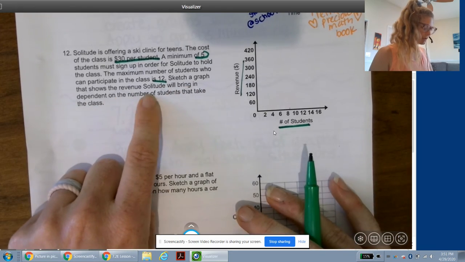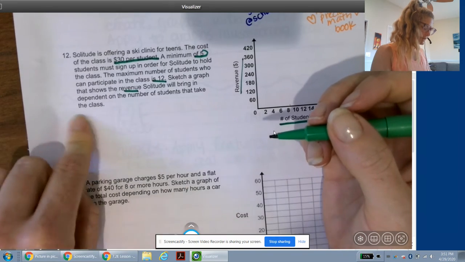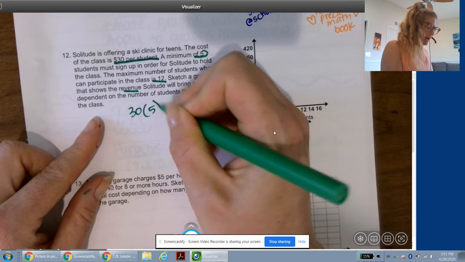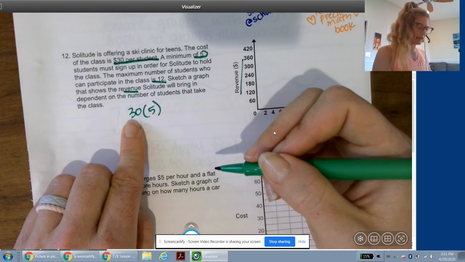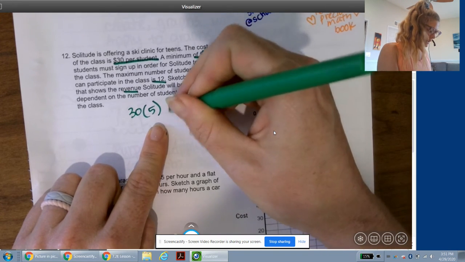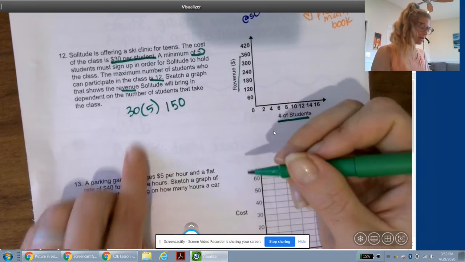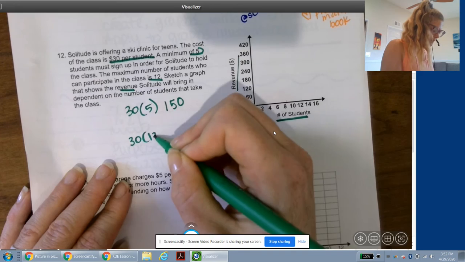Sketch a graph that shows the revenue Solitude will bring in dependent on the number of students that take the class. Well, 30 times 5, if you have 5 students paying $30 each, that is $150. And then we can have a maximum of 12.